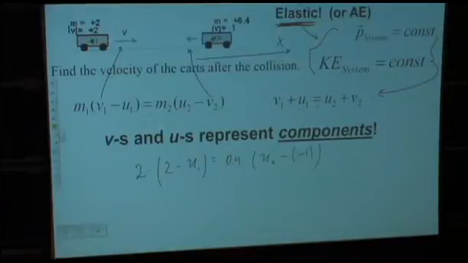The second equation, actually, let's just first simplify this equation. 2 times 2 is 4. 0.4 and minus and minus makes it plus.